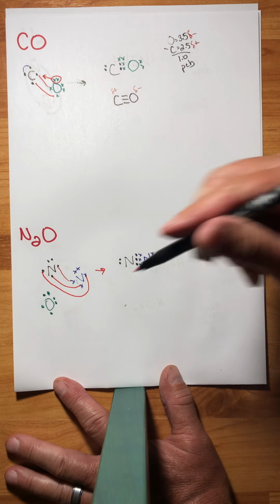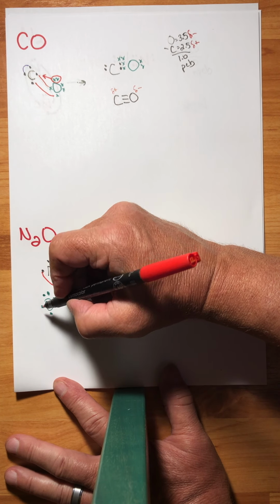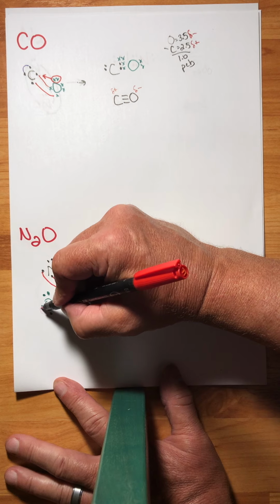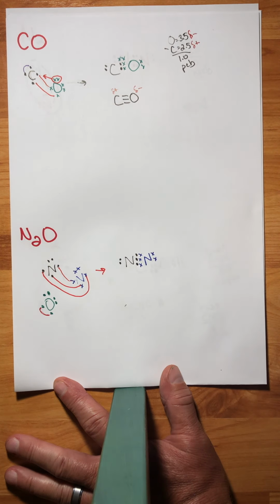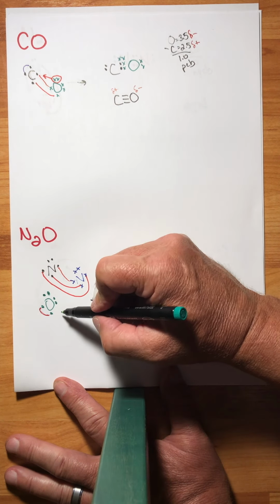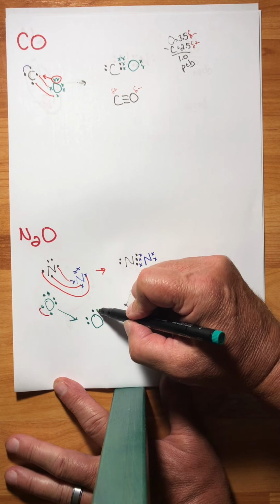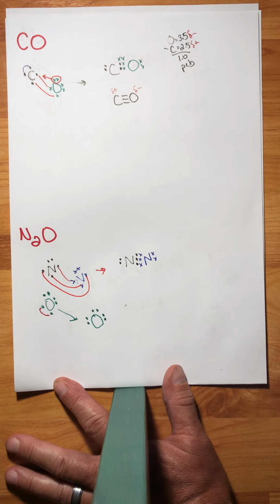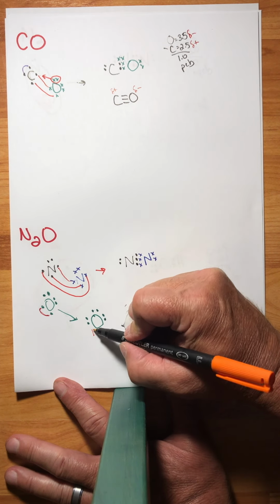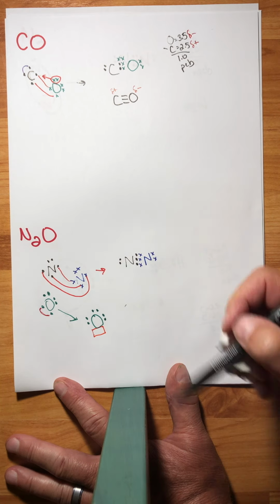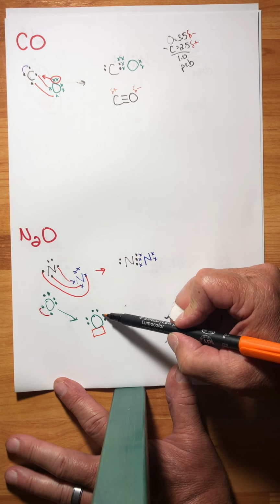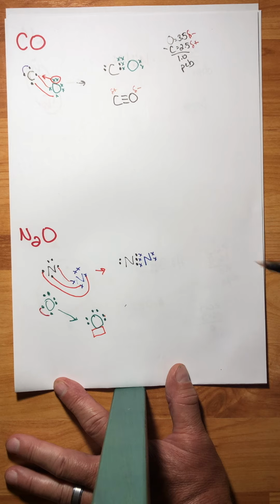So what happens is these two are going to hook up, another Tennessee couple. Congratulations. And what oxygen looks like when it does that is it's going to look like this. So you have 3 pairs of electrons. And then it has this empty space. Now I have it at 6 o'clock, but it could be at 3 o'clock, 12 o'clock, or 9 o'clock. And it is allowed to sit on a pair of electrons.